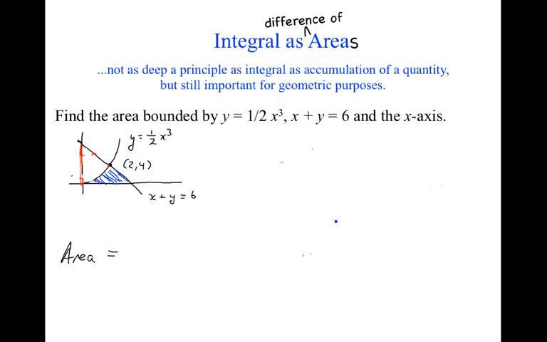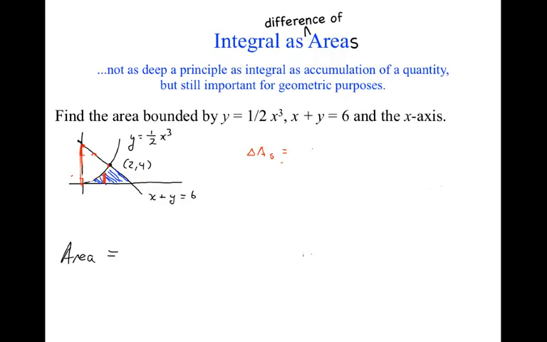Okay, so now we want to find the area of that. Let's do our typical strip. Right here, draw our typical strip. In the previous example, the typical strip was the same for every strip in the region.